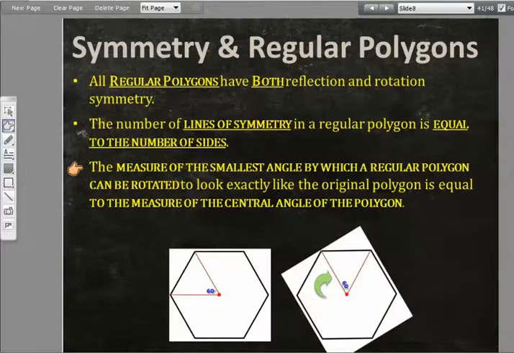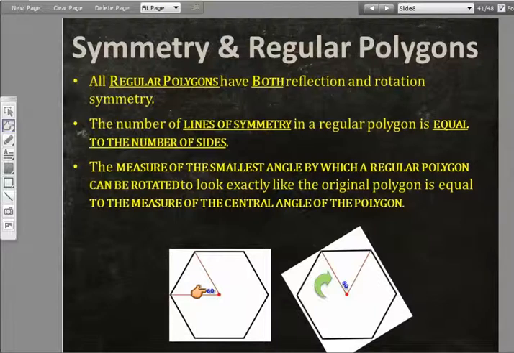The measure of the smallest angle by which a regular polygon can be rotated to look exactly like the original polygon is equal to the measure of the central angle of the polygon. So to help explain that, I drew my hexagon here. The central angle is 60 degrees. Remember we learned that in the last lesson, how to figure out the measure of a central angle.